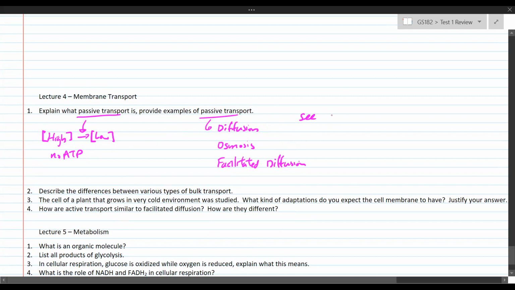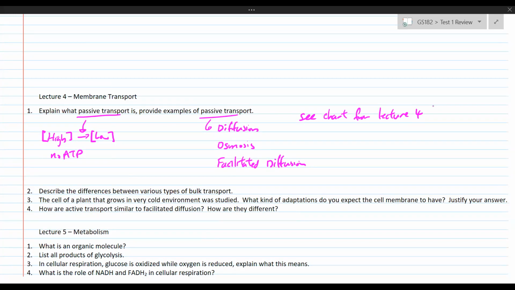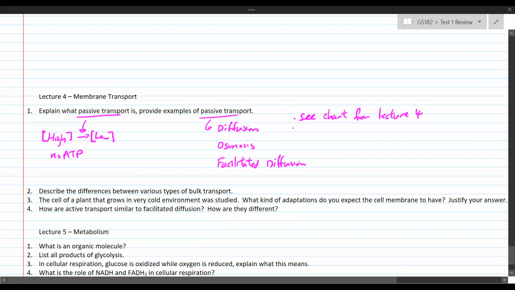Okay, so see the chart from lecture 4. Again, it's the chart I showed you earlier, with the carrier protein and the channel protein, the one that we took the whole class to draw. So make sure you have that at your disposal.